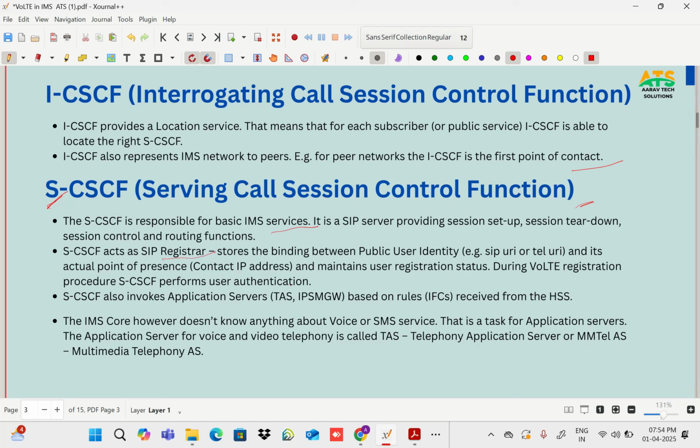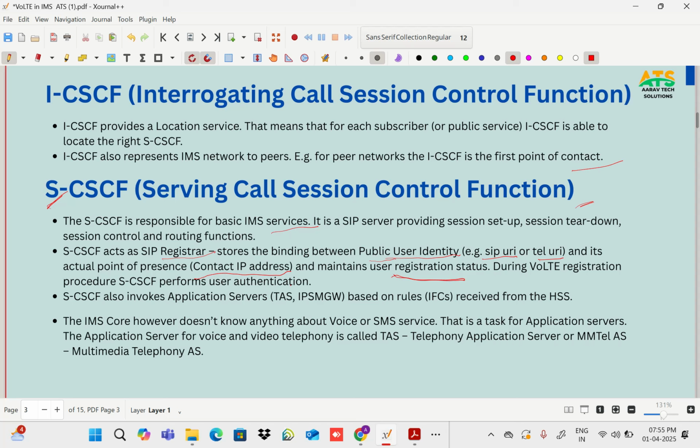It stores the binding between the public user identity, SIP URI or TEL URI, and its actual point of presence, the contact IP address, and maintains user registration status.